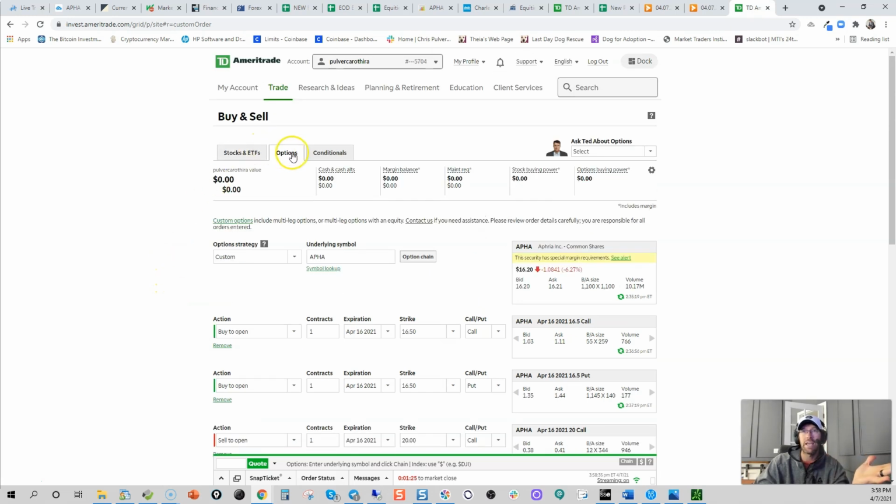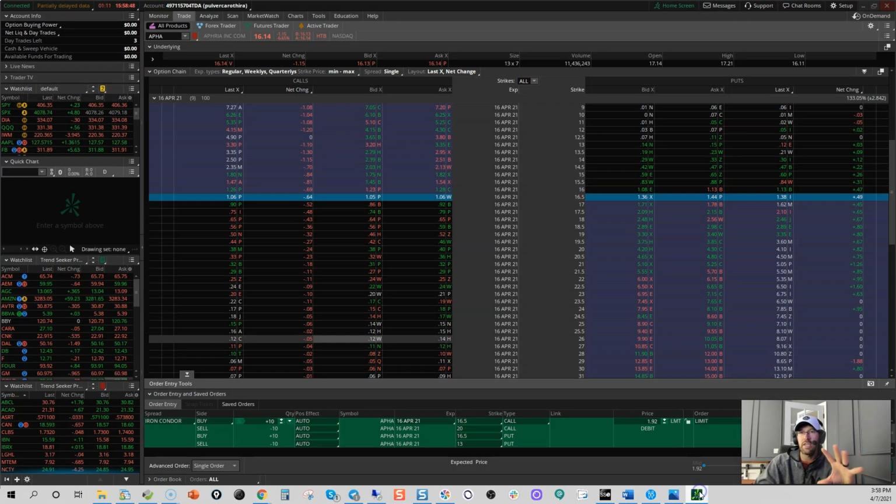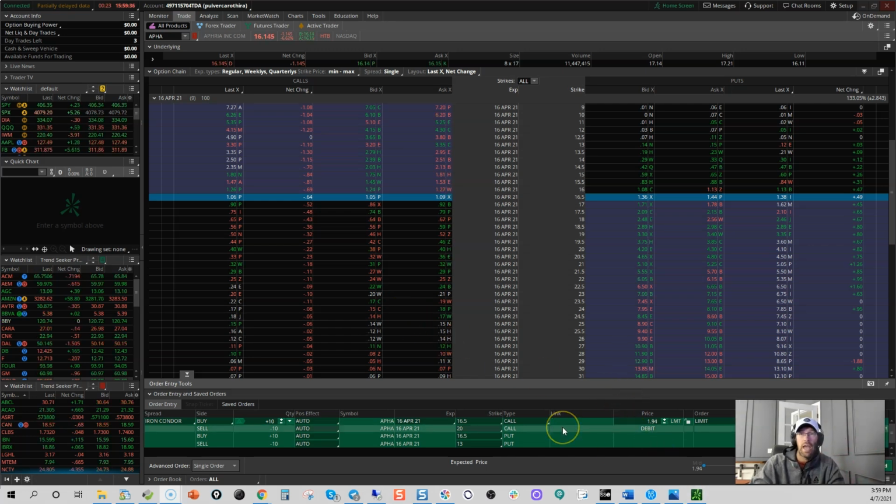Just going into buy and sell, you click on stocks and ETFs under the trade tab, type in your symbol, how many shares you want to buy. So we have short-term strategies, medium-term strategies, long-term strategies, but Thinkorswim has a little bit more of the cockpit headquarters dashboard type feel. And truthfully, some traders love it. Other traders are a little bit intimidated by it, and that's totally understandable.